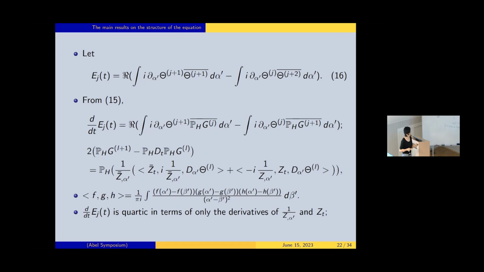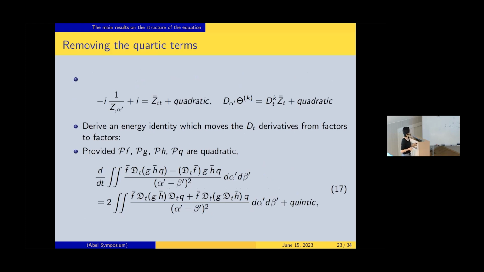Now, in order to put it in this form symmetrically, we want the derivatives to move to the right place, to be evenly distributed. So we want an energy functional that allows us to move the material derivative from factor to factor. Now we know that this main operator acting on basic quantities is quadratic. So it turns out that taking the derivative of this quantity gives us the right-hand side.